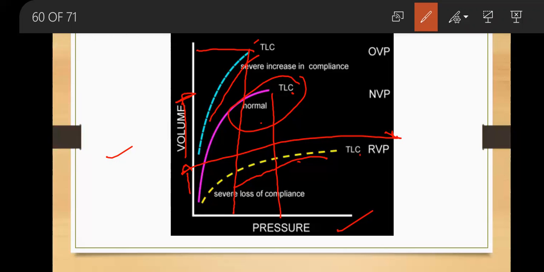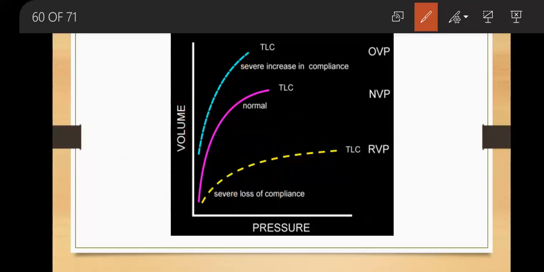While in restrictive lung diseases, it's below the curve. So any low compliance will be below and to the right of the normal curve, and any increase in the compliance will be above and to the left of the normal curve. So this is the volume pressure curve.